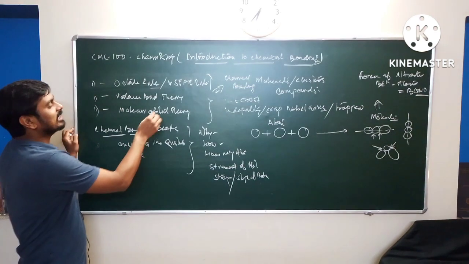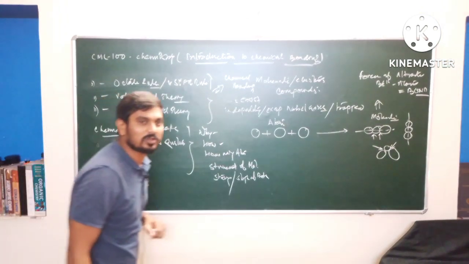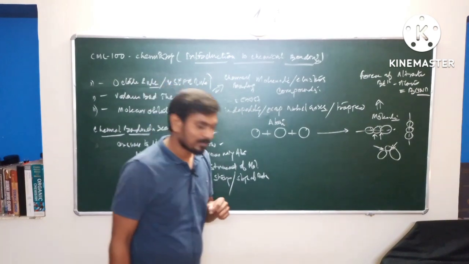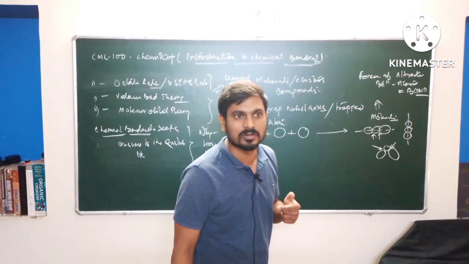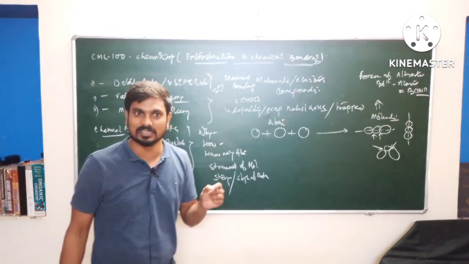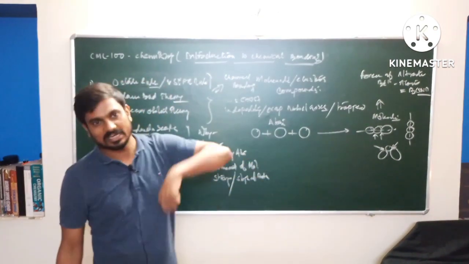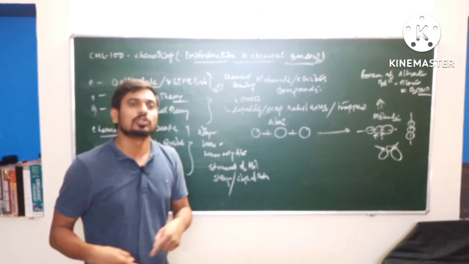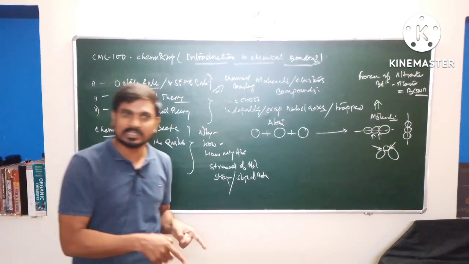Okay. The second thing is, with how many atoms it can combine. This is primarily answered by valence bond theory. If there are 4 electrons in the outer shell of an atom, like carbon has 4 electrons in its valence shell, it can either give all its 4 electrons or gain 4 extra electrons to attain 8 electrons in the outermost shell. Carbon prefers to share its 4 electrons with other atoms to complete its octet structure.